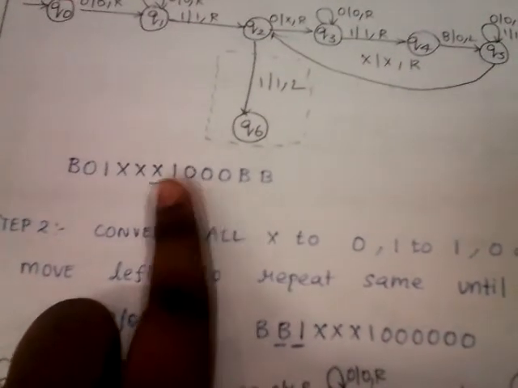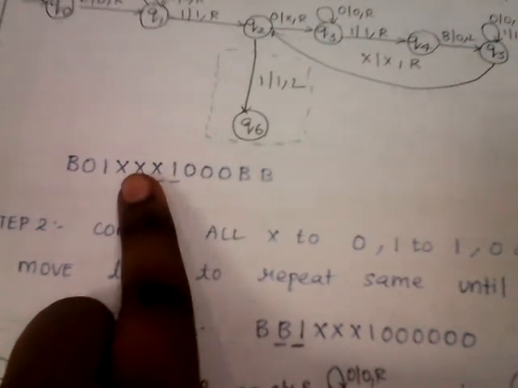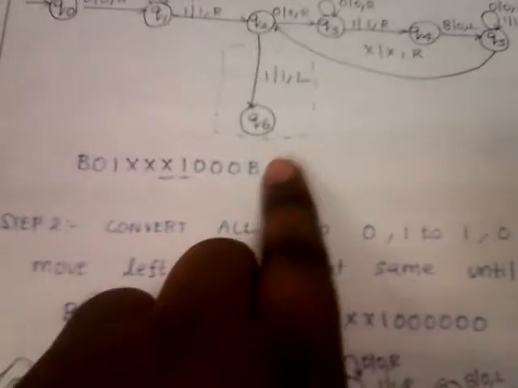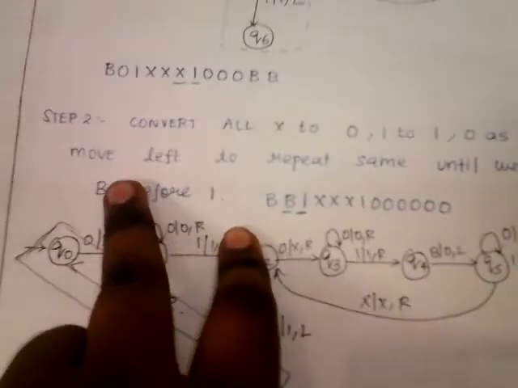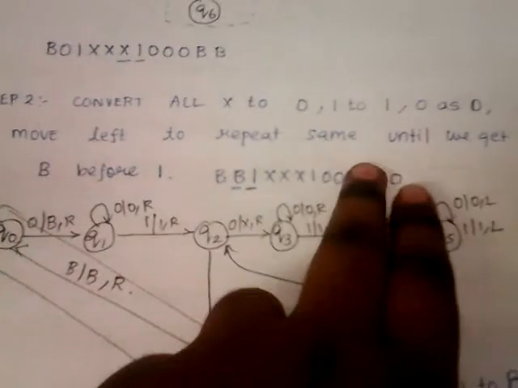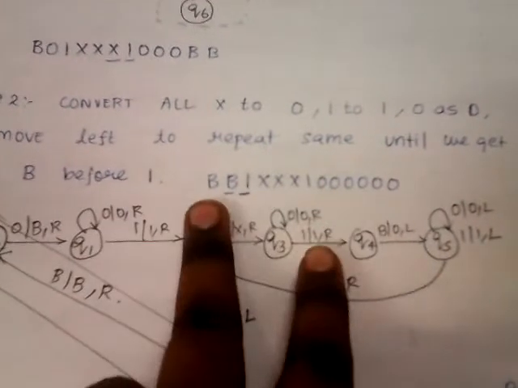We now get the 1 after x. Then we move left because we have to convert these x into 0. So convert all x to 0, 1 to 1, and 0 as 0. Move left to repeat the same until we get b before 1.